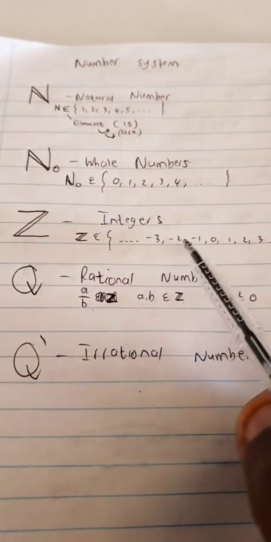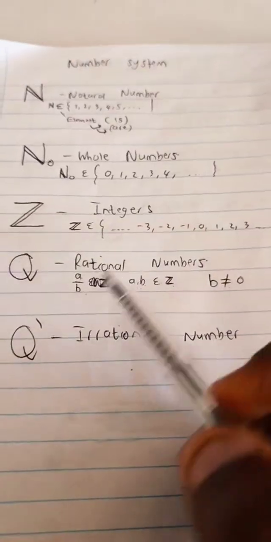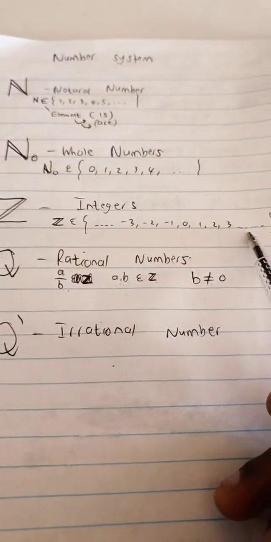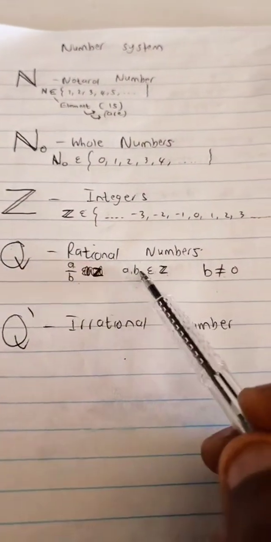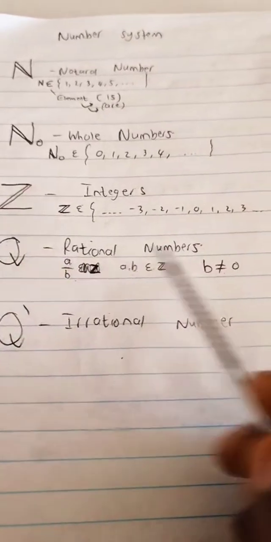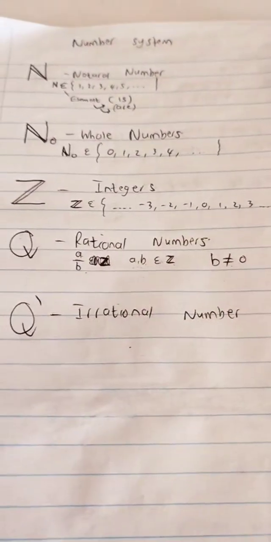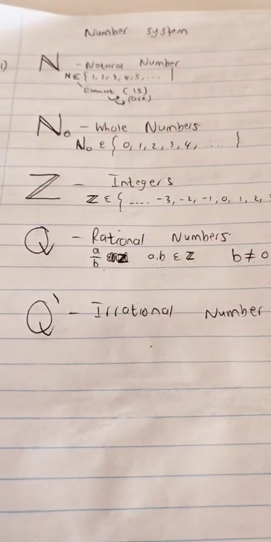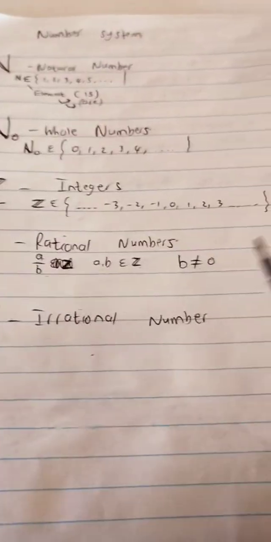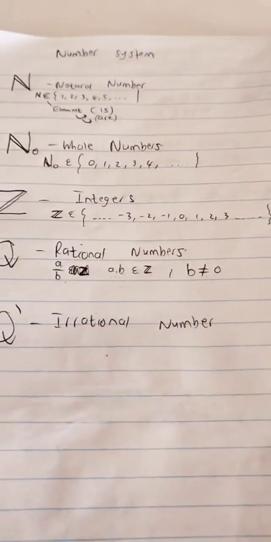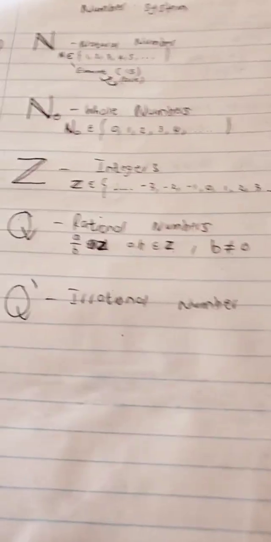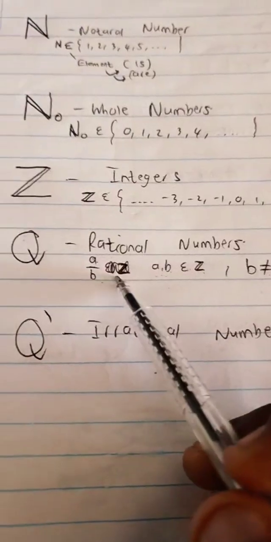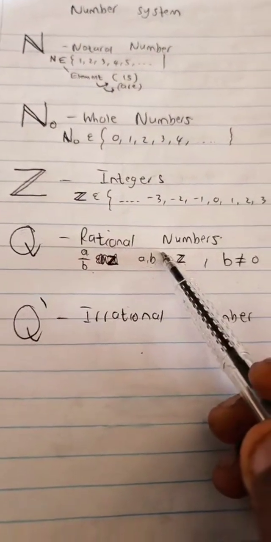So we exclude the 0 in the denominator, but A and B can be any integer. The numerator and denominator can be any integer, but B cannot be 0. So rational numbers are numbers that can be written as a fraction where the numerator and the denominator are integers, but B cannot be 0. Make sense? Very important, that's what rational numbers are.